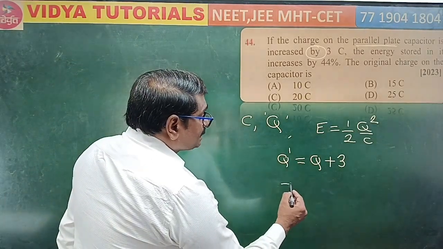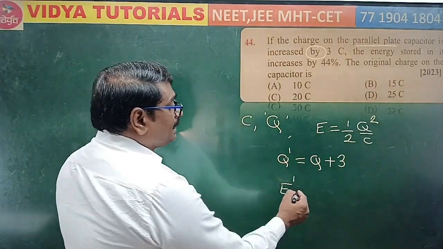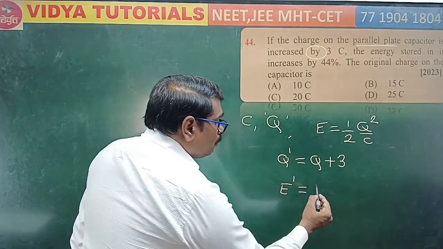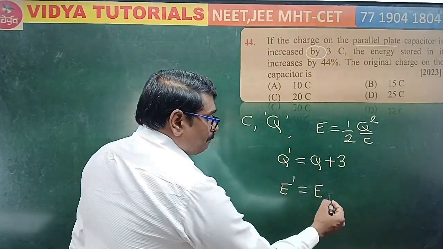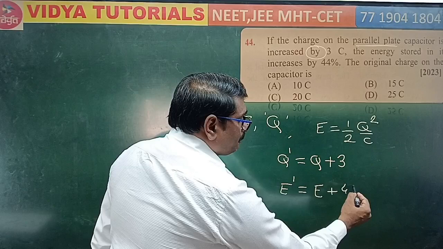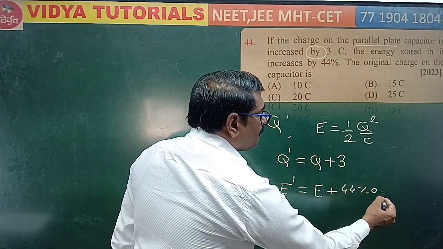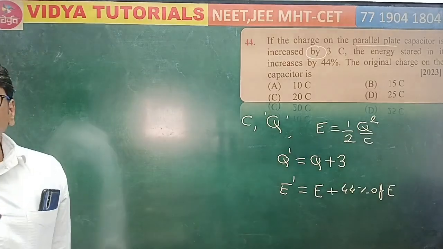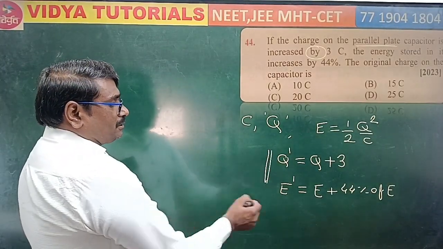Now the new energy, how is it? Increased by 44% means original energy plus 44% of original energy. Let's say this is the second condition.